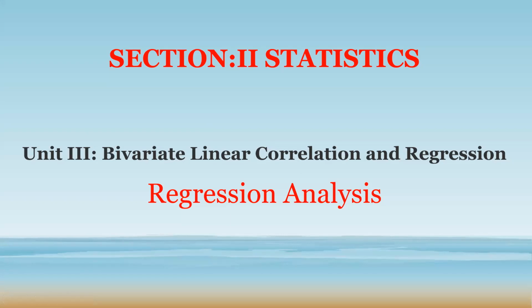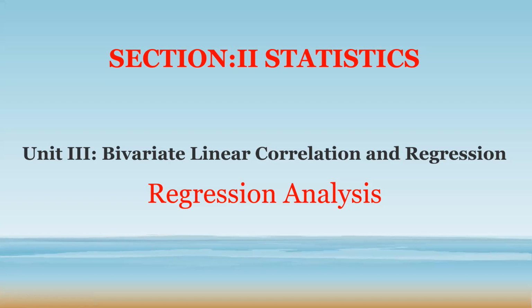Correlation tells you whether these two variables have any type of connection between them. That means if there is a variation in X, is there any variation in Y? And if there is, is it varying in the same direction? Or what is the extent or measure of correlation between the two variables? That is called the coefficient of correlation.